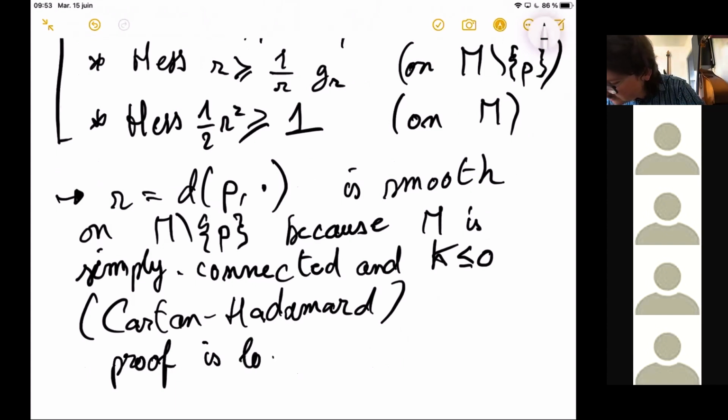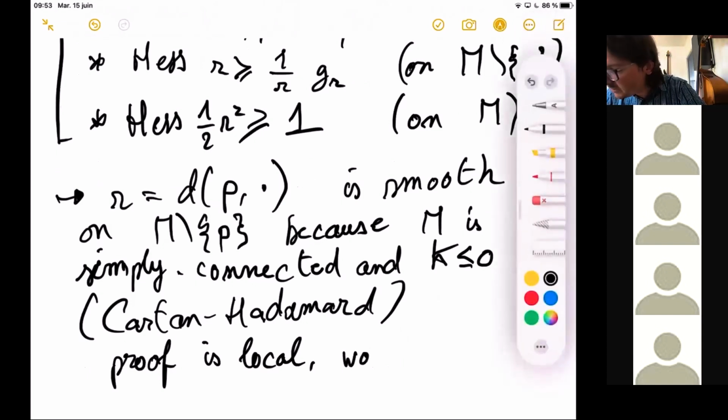The proof is local. And so this will actually work whenever the distance function is smooth.